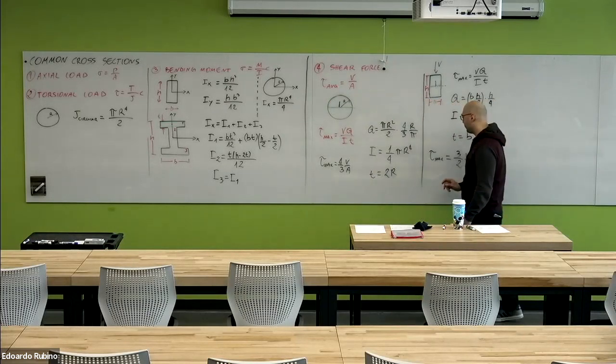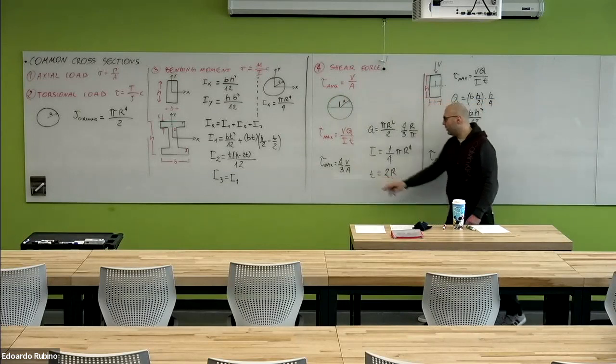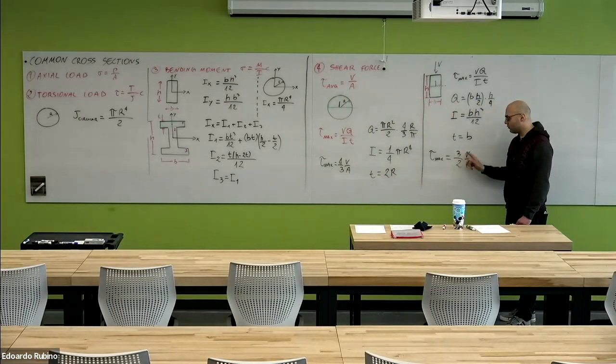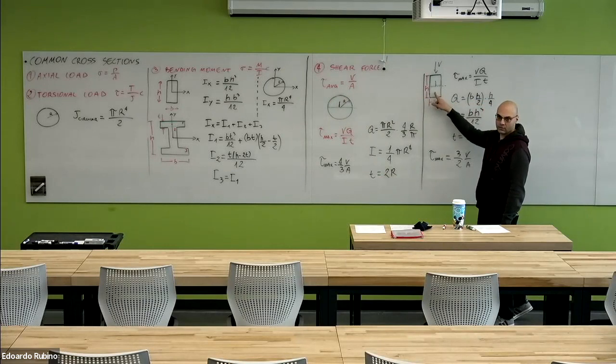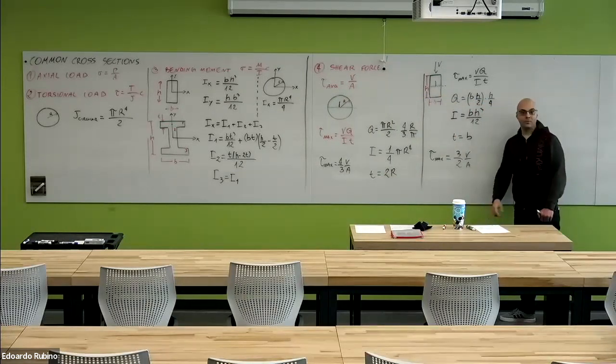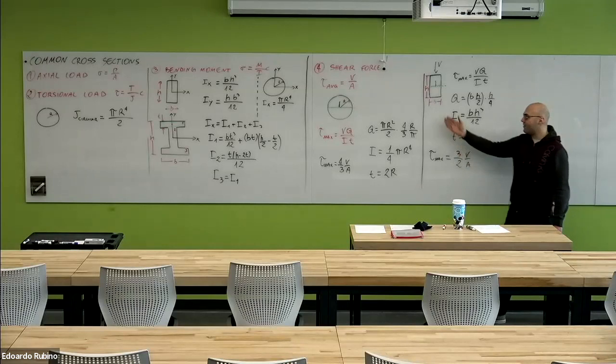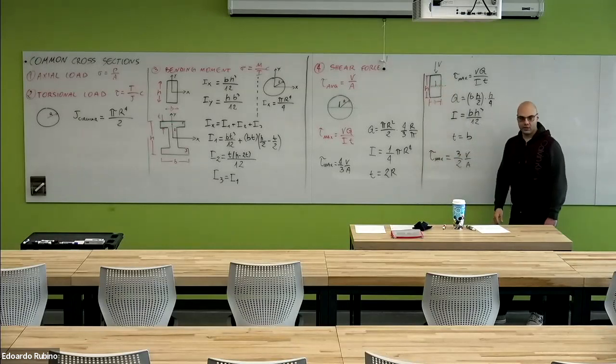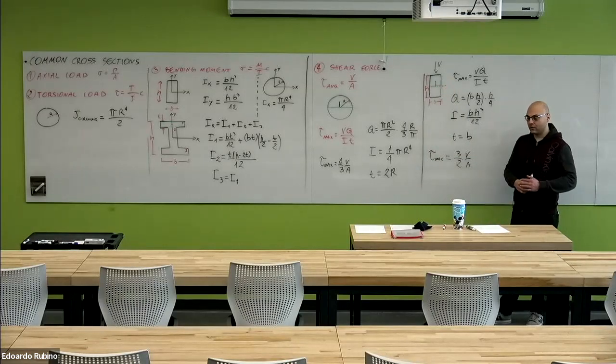But if we go through the shear formula, what we obtain is 3/2 V/A, which is 1.5 V/A. So it means that the maximum shear stress on a rectangular cross section is actually 1.5 times bigger than the average stress on the entire cross section.